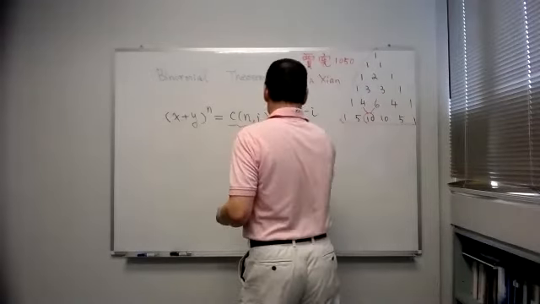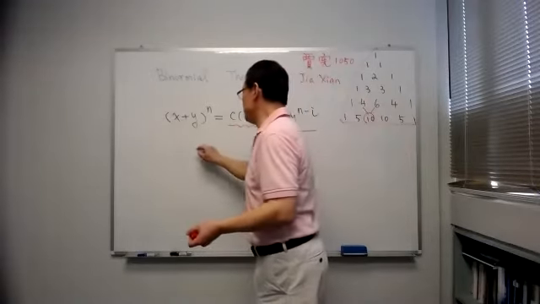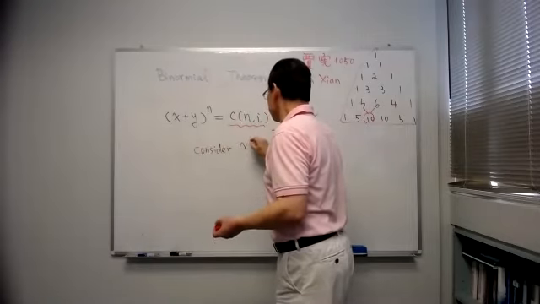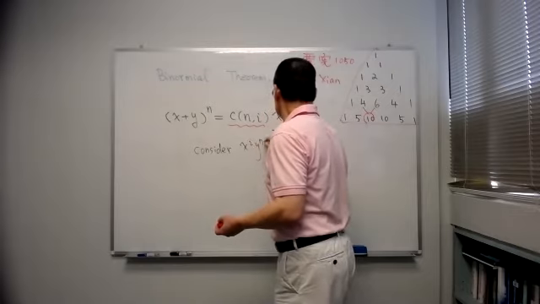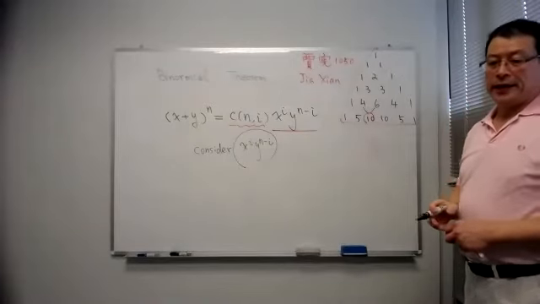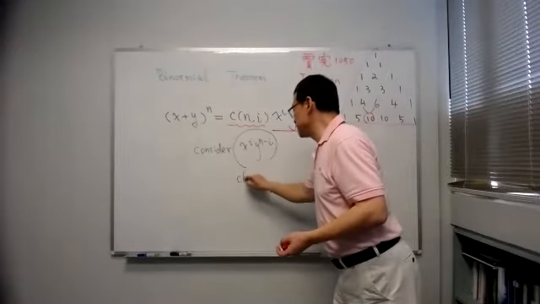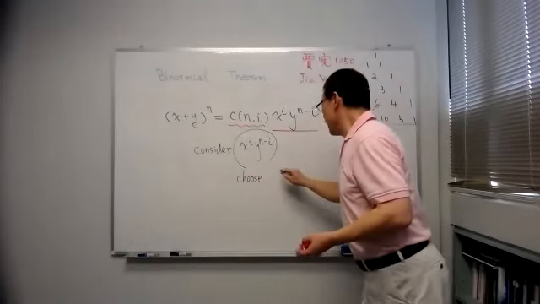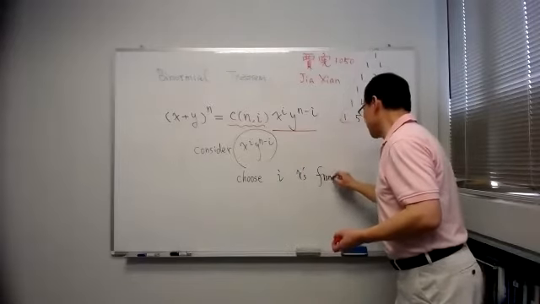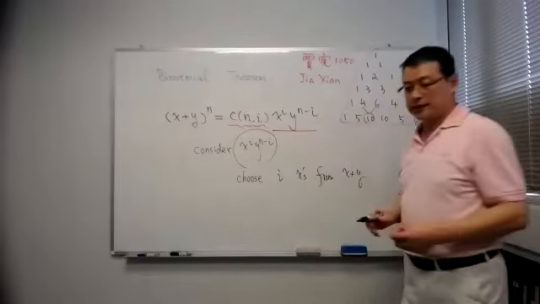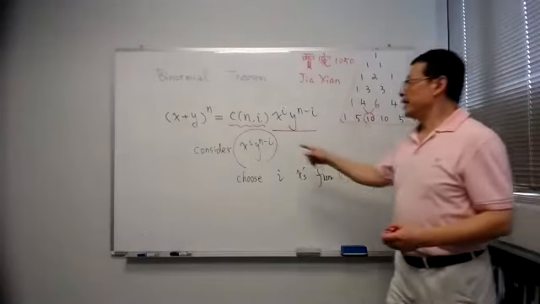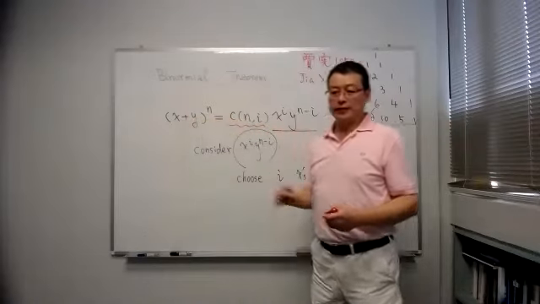So how do we form this term? Consider this term. What happens is we choose i x's from the n factors of (x plus y), so there are n of this term.